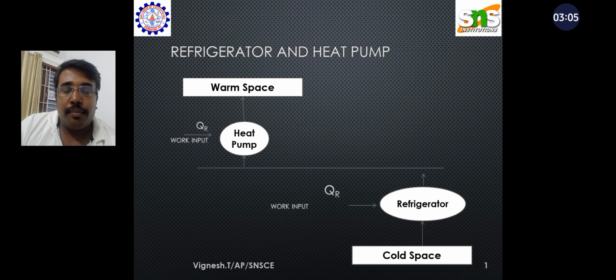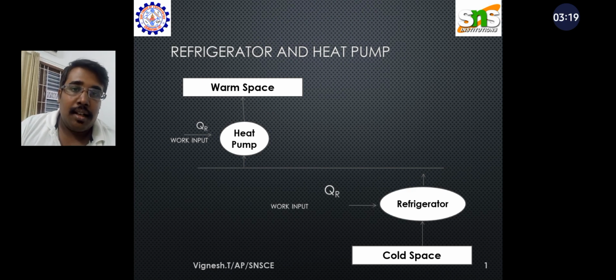My comfortable temperature will be 24 degrees centigrade. It means I have to constantly extract the heat from the atmosphere and supply it to my living room. So a heat pump extracts the heat from the atmosphere and gives it to the room. This is the working principle of a heat pump.